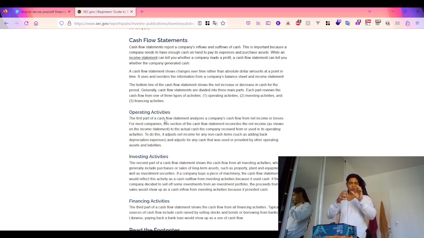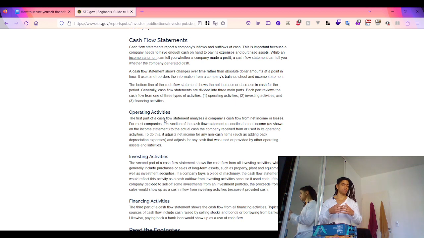So let's look at the operating, what it does first, and then how it works. First, what it does is look at the net income from the income statement and then analyze and reconcile it with the total amount of cash that was used or received from other operating activities.